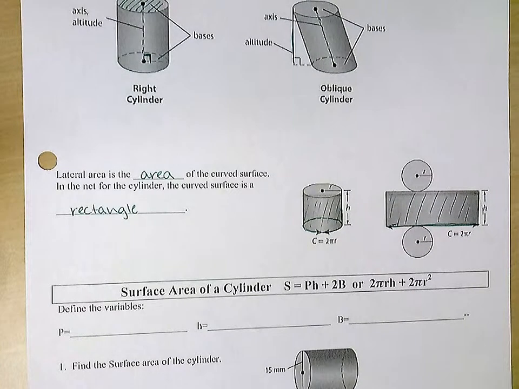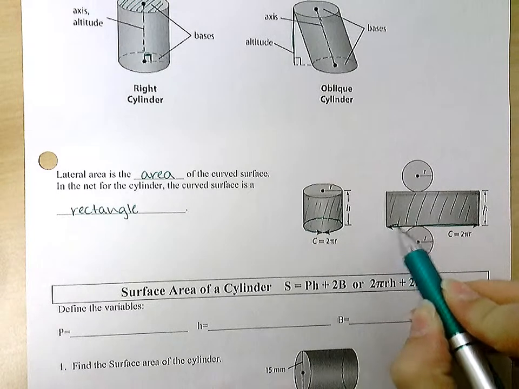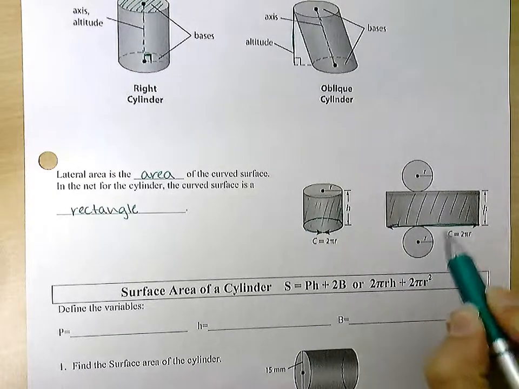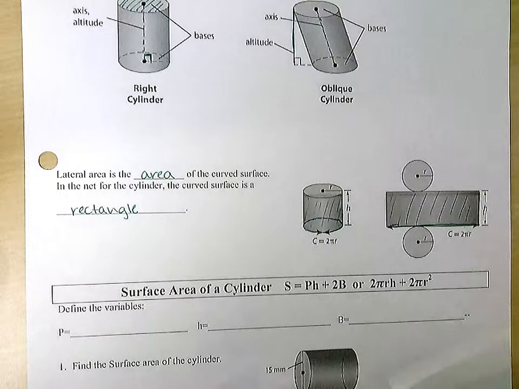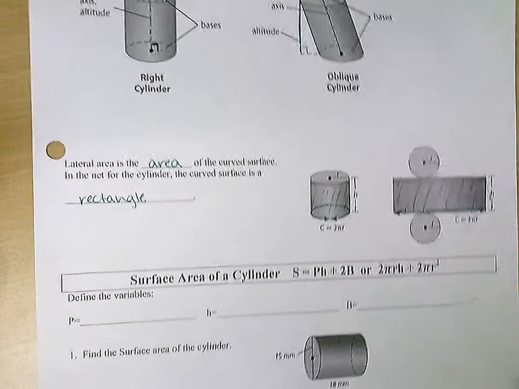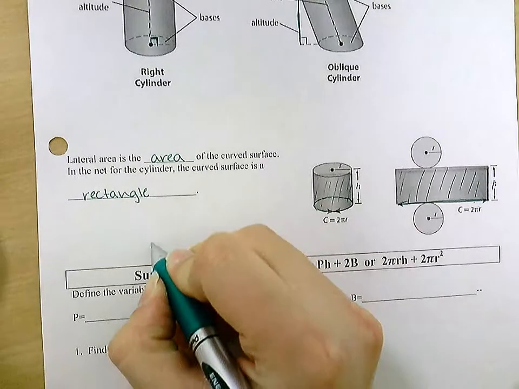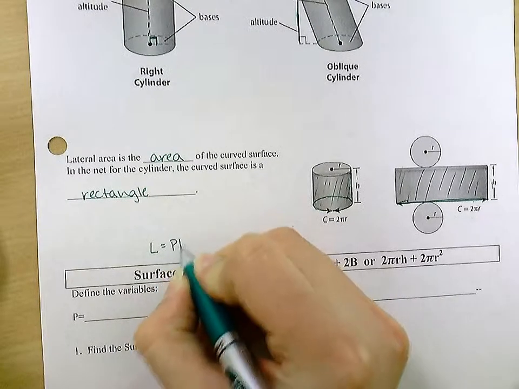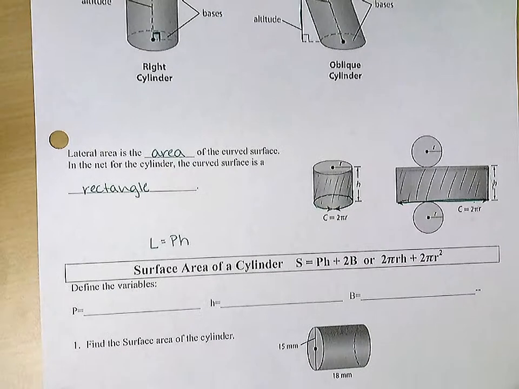Since we make this rectangle, and the area of a rectangle is base times height, I would need to multiply the base, which is your circumference of 2 pi r, times h. That will give me the lateral area. So lateral area, just like in a prism, is going to be P times H, where P is the circumference of your circle.